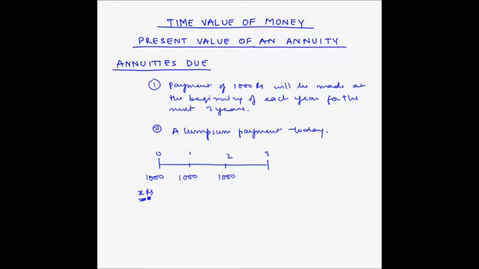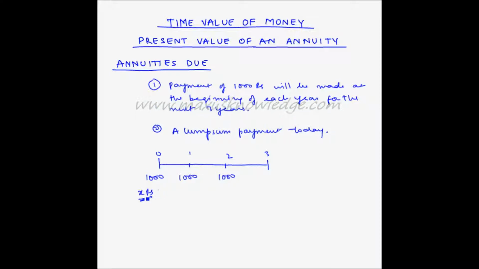So basically, if we deposit an amount of X rupees in the bank today at 5% interest per annum, we should be able to withdraw 1,000 rupees at the beginning of the first year, 1,000 rupees at the beginning of the second year, and 1,000 rupees at the beginning of the third year.